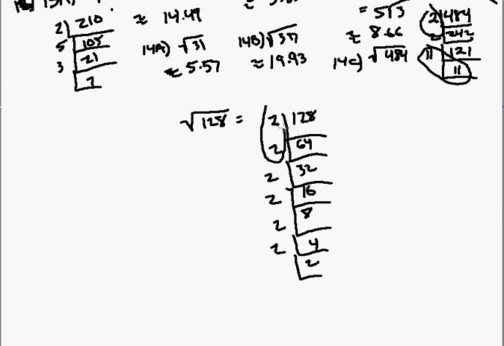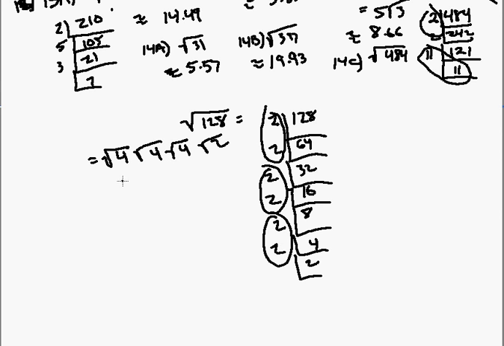So I got 1 pair, 2 pair, 3 pair of 2s. So the square root of 128 is equal to the square root of 4 times the square root of 4 times the square root of 4 times the square root of 2.